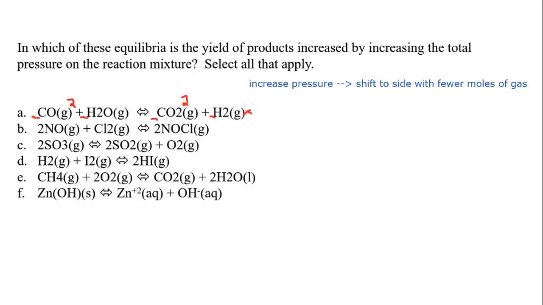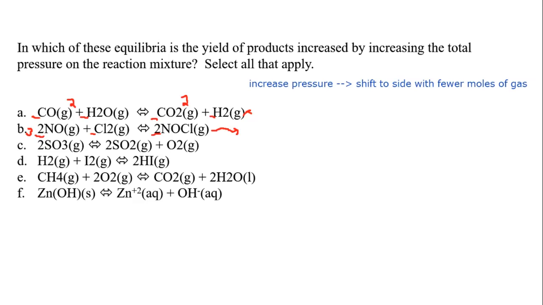In B, we have 2 moles of NO and 1 mole of Cl2. That's 3 moles on the reactant side and 2 moles on the product side. So if we increase the pressure, it's going to shift to the products because it goes to the side with fewer moles of gas.